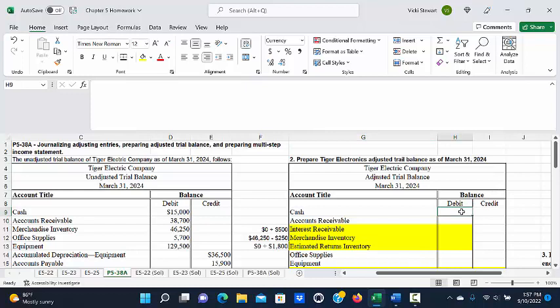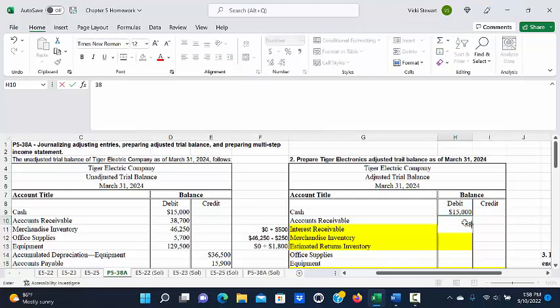So I have highlighted accounts on the adjusted trial balance that changed as a result of the adjusting entries. Other accounts that are not highlighted did not change, and we can just take those balances directly from the unadjusted trial balance. So cash stayed the same, so it would be $15,000.